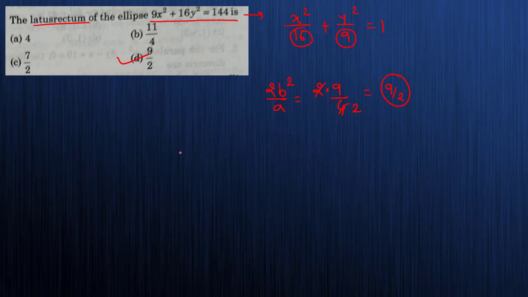Yes. Next, the eccentricity of the ellipse is, again we have the same question. ठीक है, so 25x square minus 150x plus 16y square minus 175 is equals to 0. So you take 25 common.